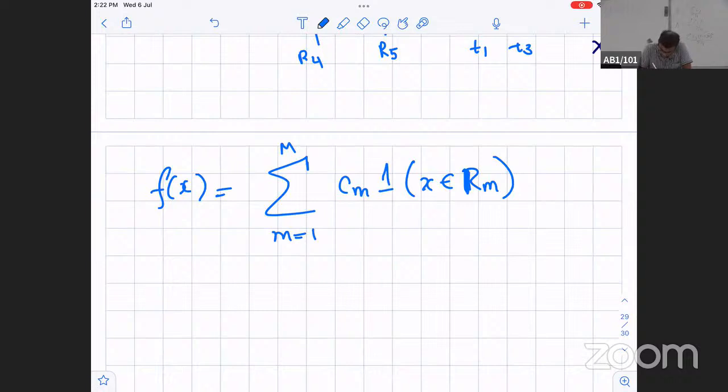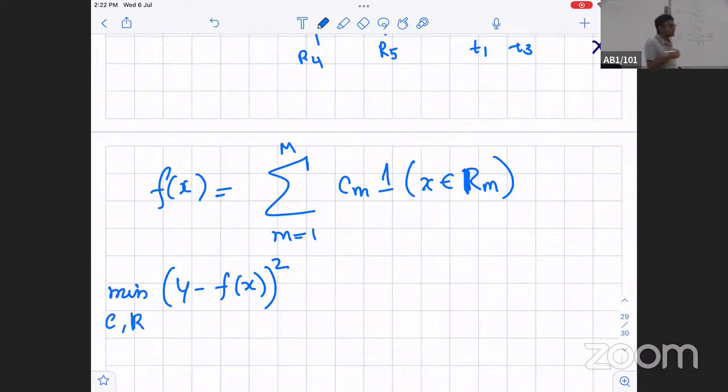So you need to minimize y minus f of x whole squared, over the c's and r's. You need to define different values of c's and different regions r's to minimize it. You need to choose M regions and the cMs. These are not known to you, so you want to choose them such that this error is minimized. You have seen this error before in linear regression. If there are multiple points, obviously there will be a summation over yi, xi.